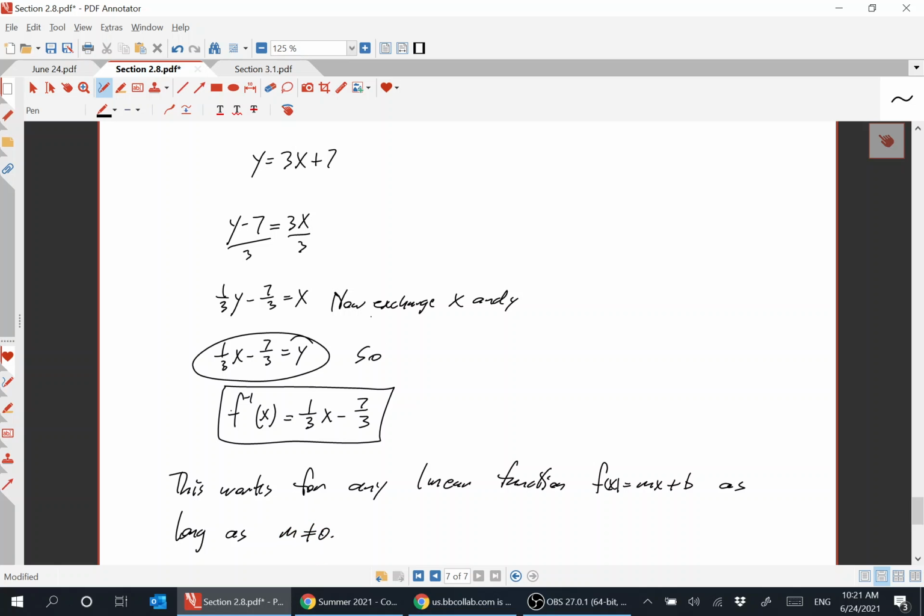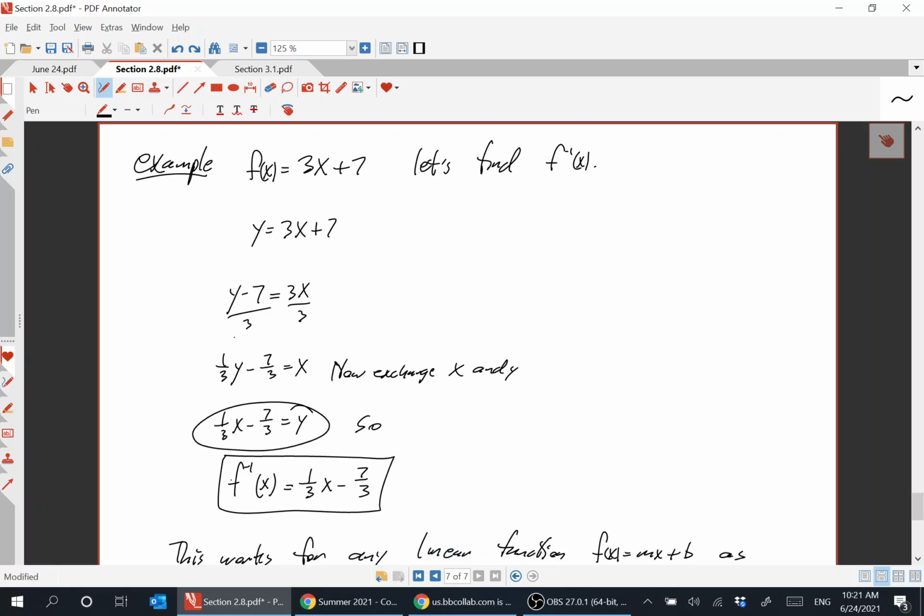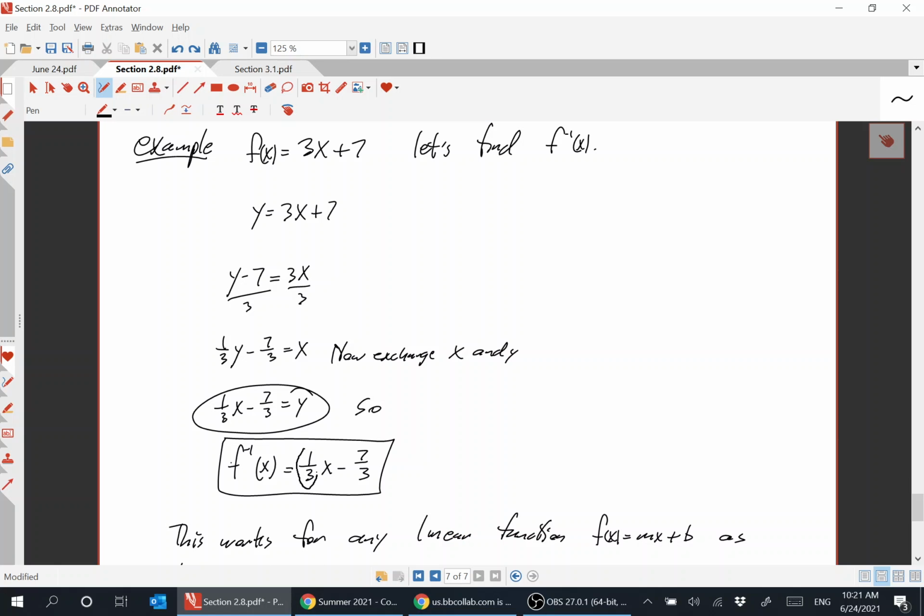Notice what the slope of the inverse function is. The original linear function has slope 3. The inverse function has slope 1/3.